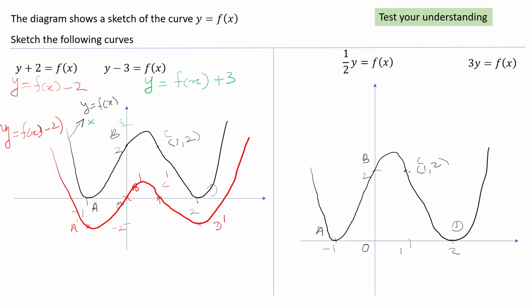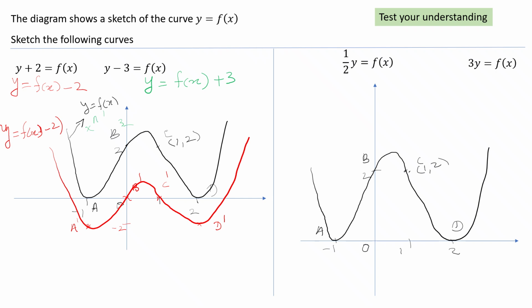This is new A dash. So the original graph, point A, y coordinate 0. So the new y coordinate is going to increase by 3 here.